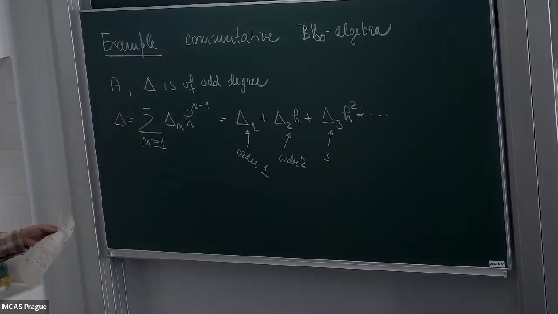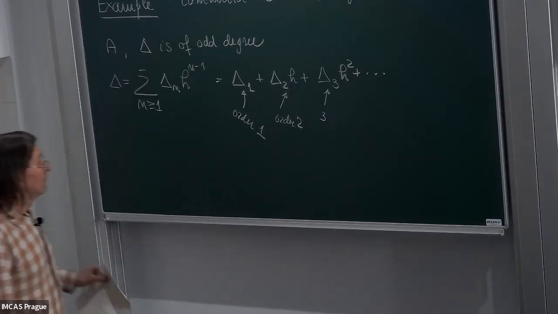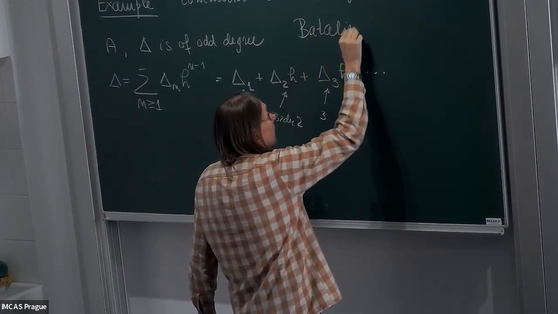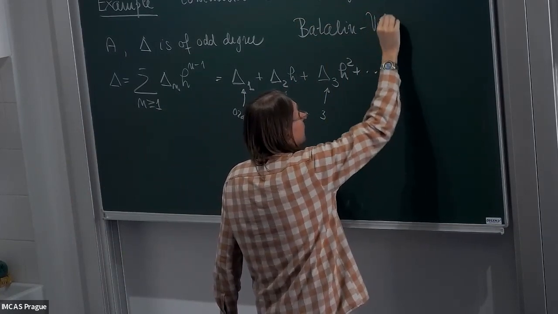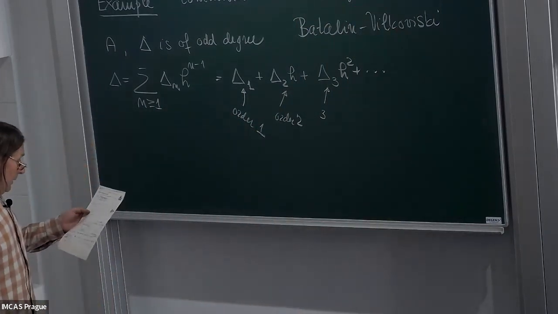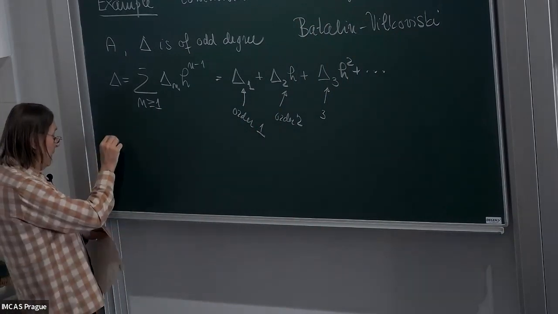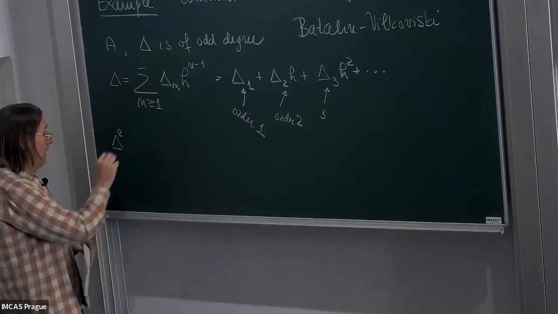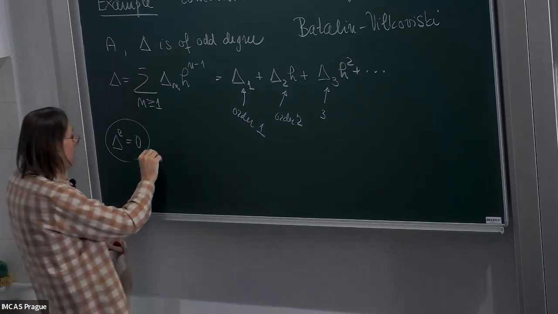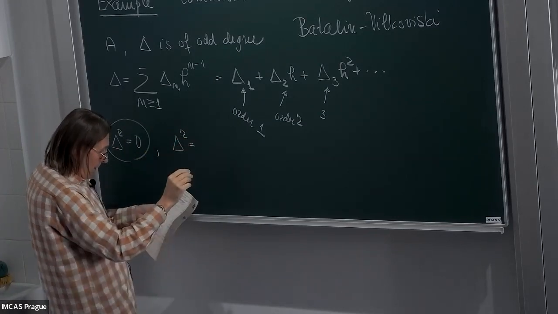So this is a commutative Batalin-Vilkovisky infinity algebra. But I wish to emphasize the following thing. If you care to expand delta squared is 0, which is the axiom, you will get that delta squared has the following expression.